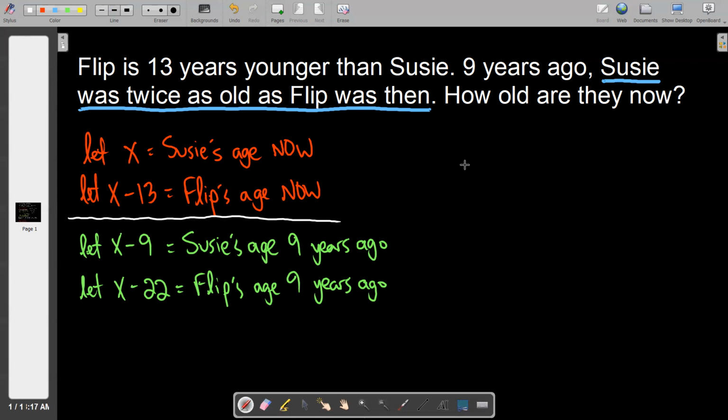So Susie's age 9 years ago, if we take twice that, then we'll get equal to how old Flip was 9 years ago, which was X minus 22.